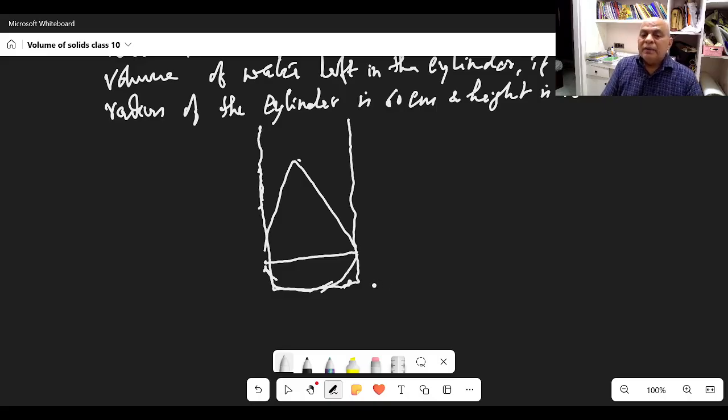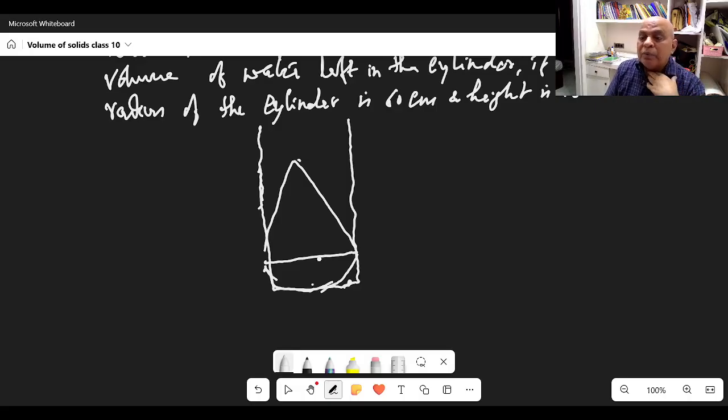So originally the cylinder was full of water. Now this system, cone plus hemisphere, has been put in the water. So some water will come out of the cylinder, and we have to find out that water. So we have to first know the volume of the cylinder.